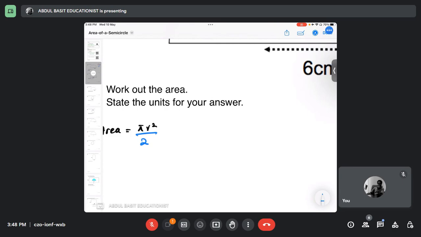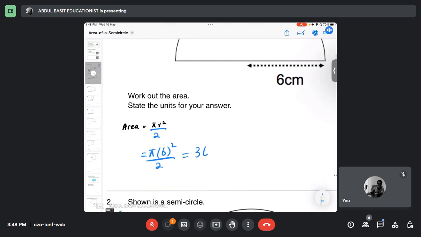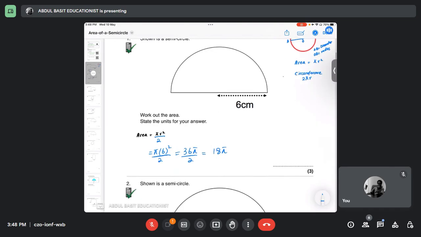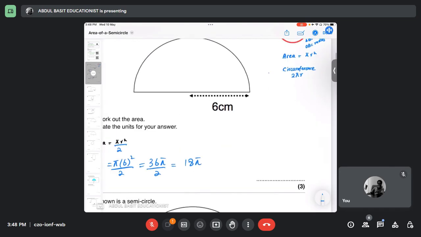So pi and the radius is 6 squared, divided by 2. That would be 36 pi divided by 2. So the answer is 18 pi. Use your calculator and tell me what 18 pi equals.